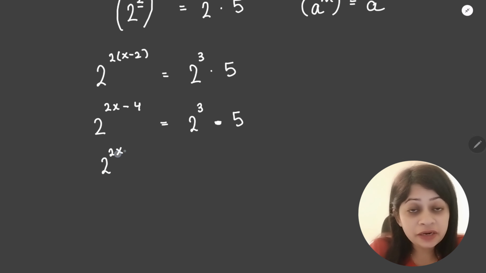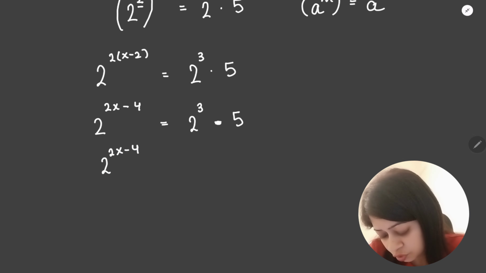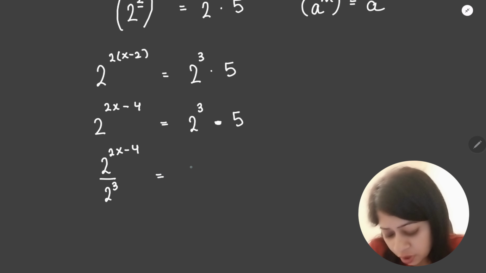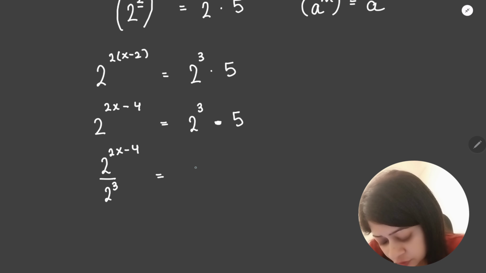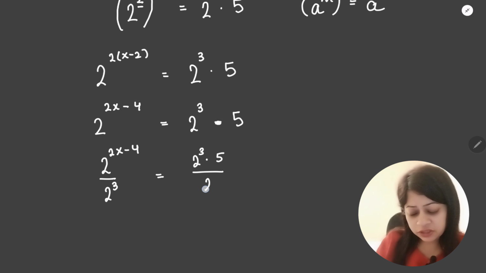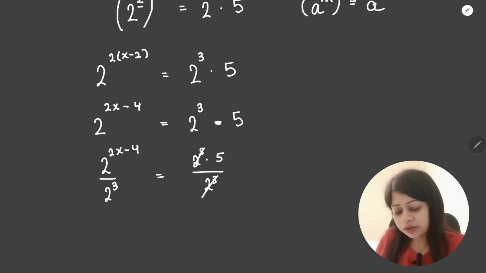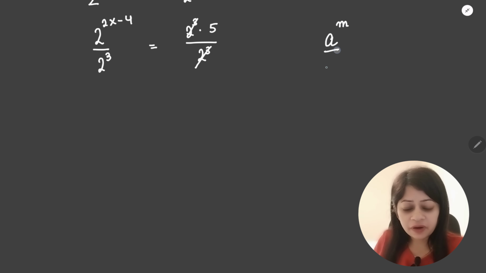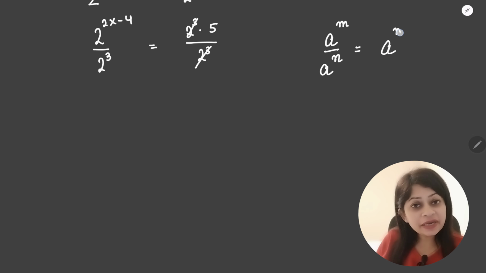If I divide both sides with 2 cube, what will I get? Because I want to simplify the power of 2. I will get here 2 cube times 5 by 2 cube, right? This will cancel out. Now here we are left with a raised to power m by a raised to power n, which is actually a raised to power m minus n.